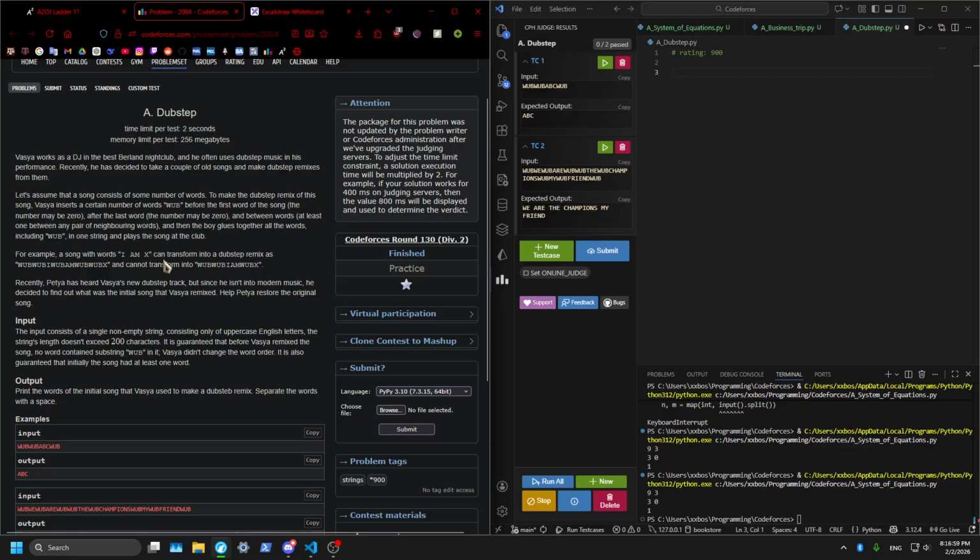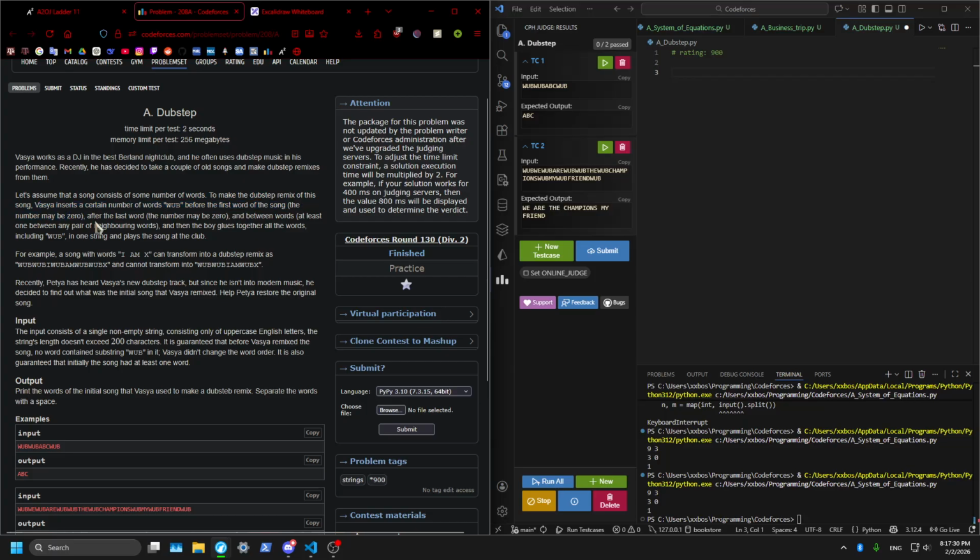I AM X transforms to WUB WUB I WUB AM WUB WUB X. And cannot transform into WUB WUB I AM WUB X. Inserts a certain number of words before the first song.